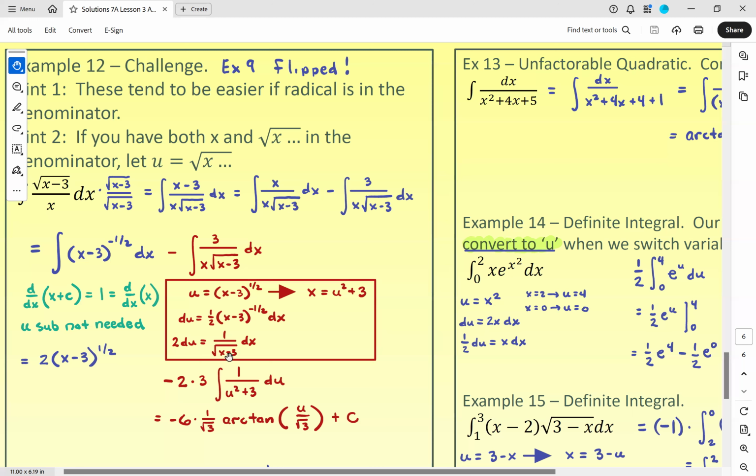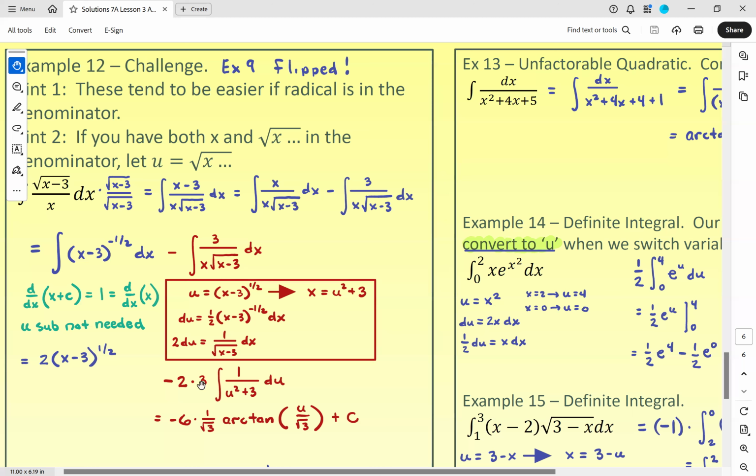Meanwhile, the extra x floating around in there is going to require the complete u sub technique. We solve our u equation for x. I'm basically squaring both sides. Then I'm adding 3. But look how simple this turns out. I have a 3 from the original numerator that I'm bringing down. I did move it to the outside.